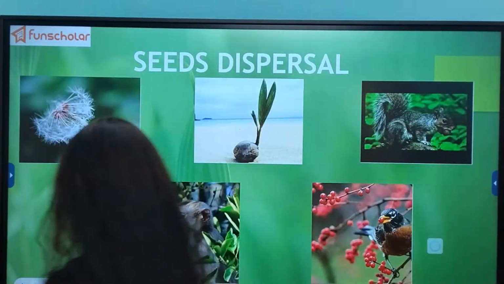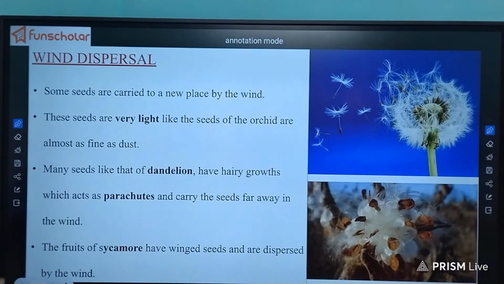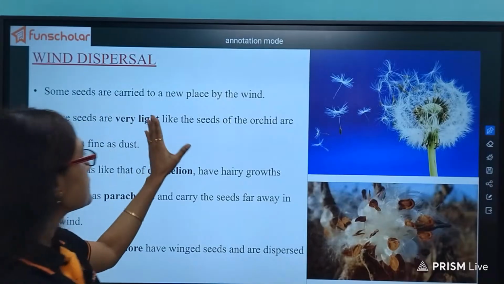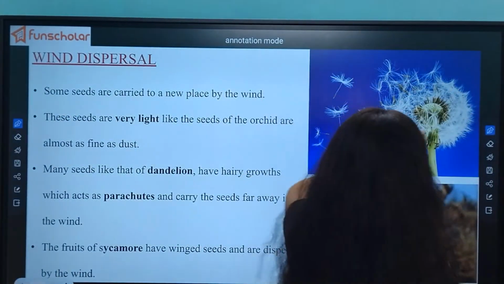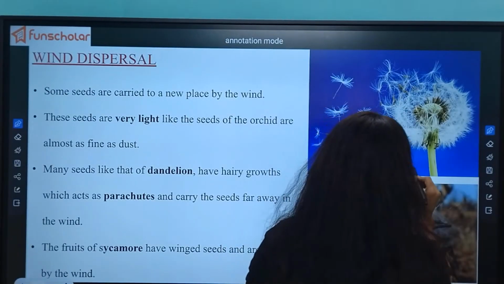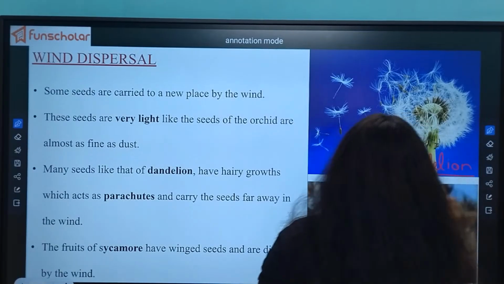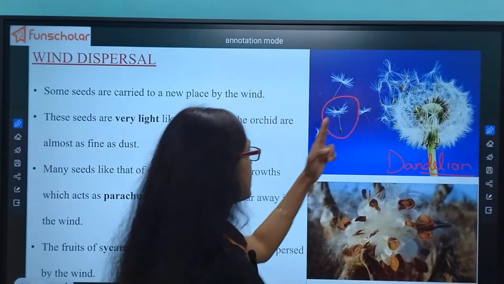Okay. Now let's go to the detail of seed dispersal. See, some seeds are carried to a new place by wind. This is the seed of the dandelion plant. Just look at one seed over here.